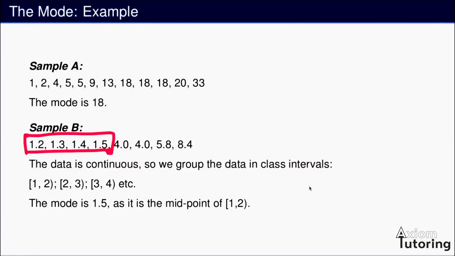To calculate the mode, you would just take the midpoint of that category, and that would be 1.5. So whenever you have a continuous variable and you're interested in the mode, remember that it might make sense to group your data in class intervals before calculating the mode.